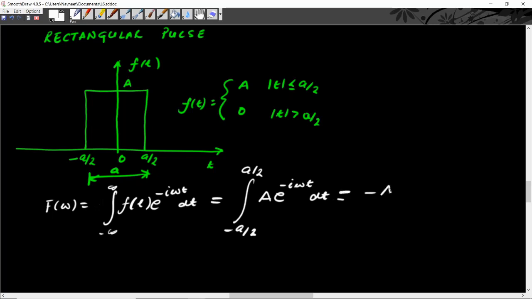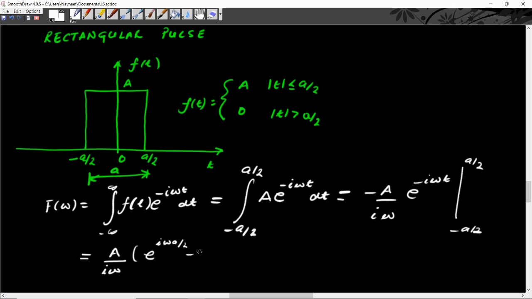So we have minus A over iota omega e to power minus iota omega t, and the limits of time t are between minus a by 2 to a by 2, and this is equal to A over iota omega times e to power iota omega a by 2 minus e to power minus iota omega a by 2.